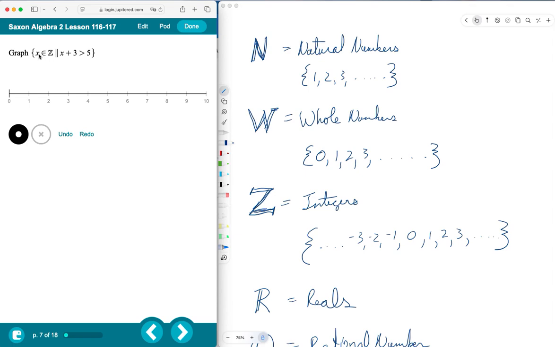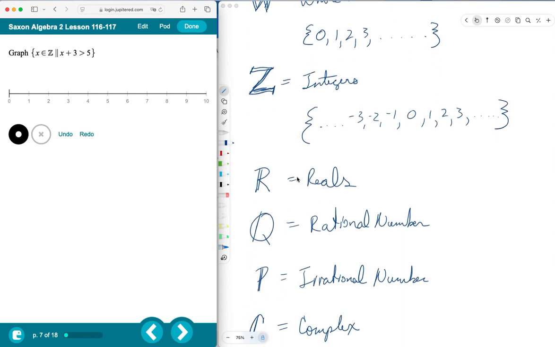So here it says graph x is a member of the set of integers, because Z is integers, such that x plus 3 is greater than 5. That's what I mean. Your domain, instead of this being an R to represent all real numbers and having the domain written out separately, now we learn that we can put the domain into the directions for the graph.